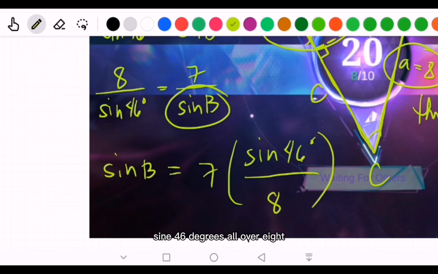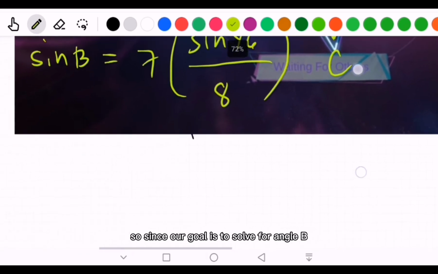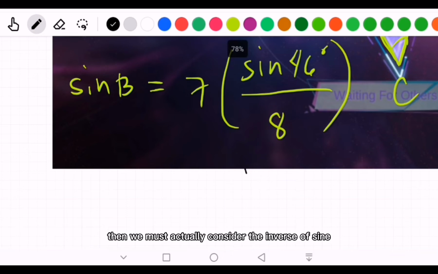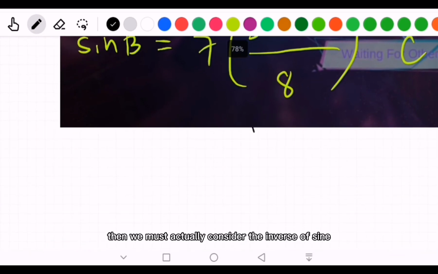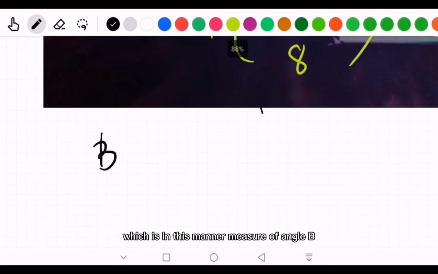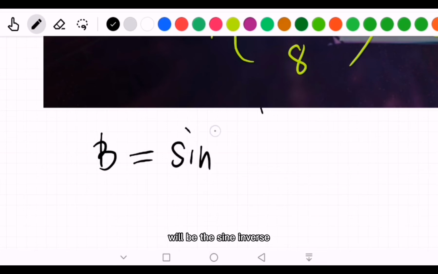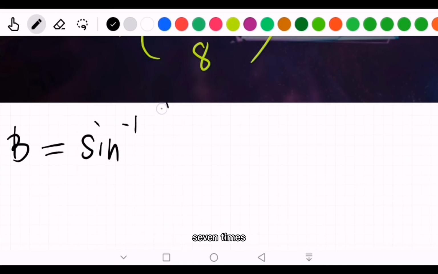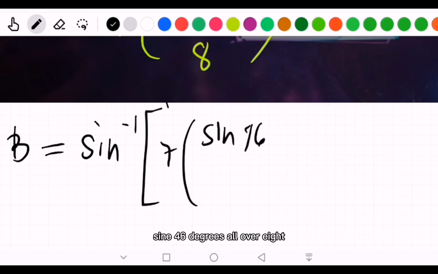all over 8. Since our goal is to solve for angle B, we must consider the inverse of sine. In this manner, the measure of angle B will be the sine inverse, or in other terms the arcsine, of 7 times sine 46 degrees all over 8.